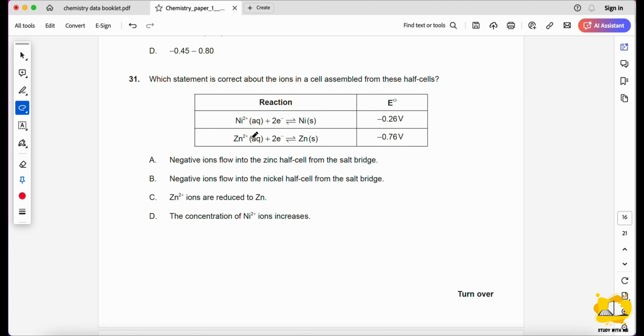Which statement is correct about the ions in a cell assembled from these half cells? So the more negative one is oxidation.